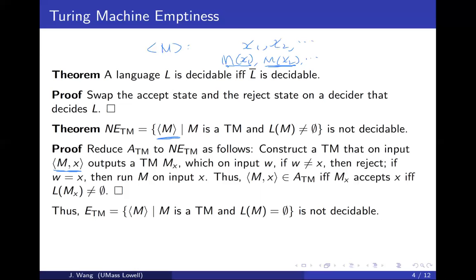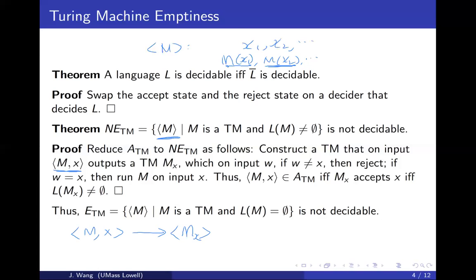So my reduction takes the encoding of M comma x as the input, and it produces as output the encoding of M sub x, which is a Turing machine.